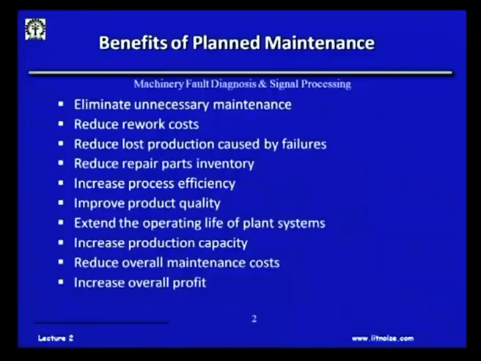Okay. And of course, I would like to have the plant, once up, run till its maximum useful life. And of course, if all my machines are running at their best OEM specs, I will have the production capacity increased. Okay. I have seen many plants that never run to full capacity because they would not like to overload their machines.